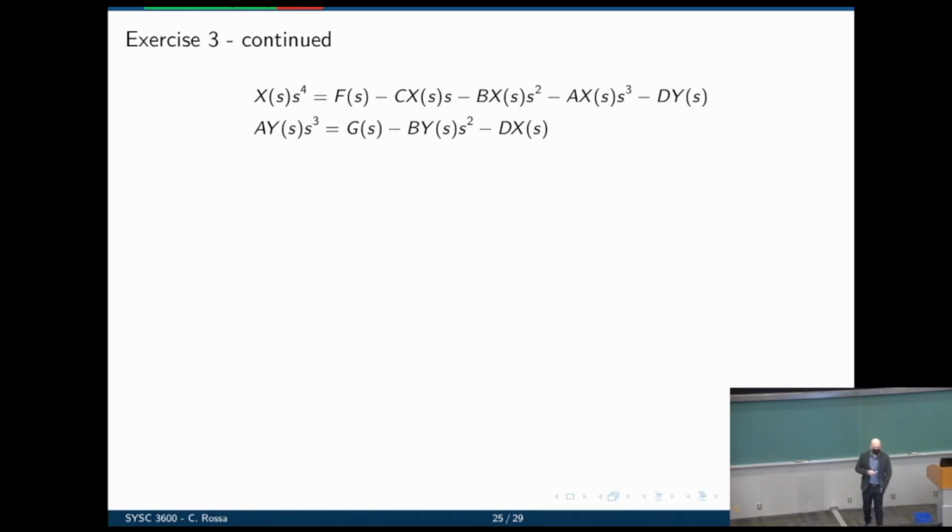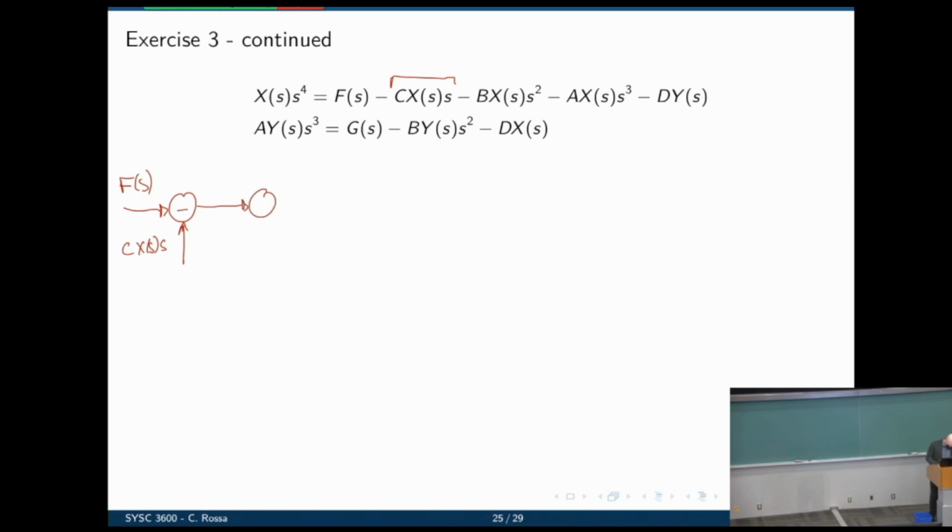Let's start from the input. Let's take the first equation to begin. The first equation has an input f of s, and the output of that equation is x of s. So let's write the equation here. Let me use a color, it's easier to see. This is f of s. And from f of s, we can now subtract this term, which is c times x of s times s.